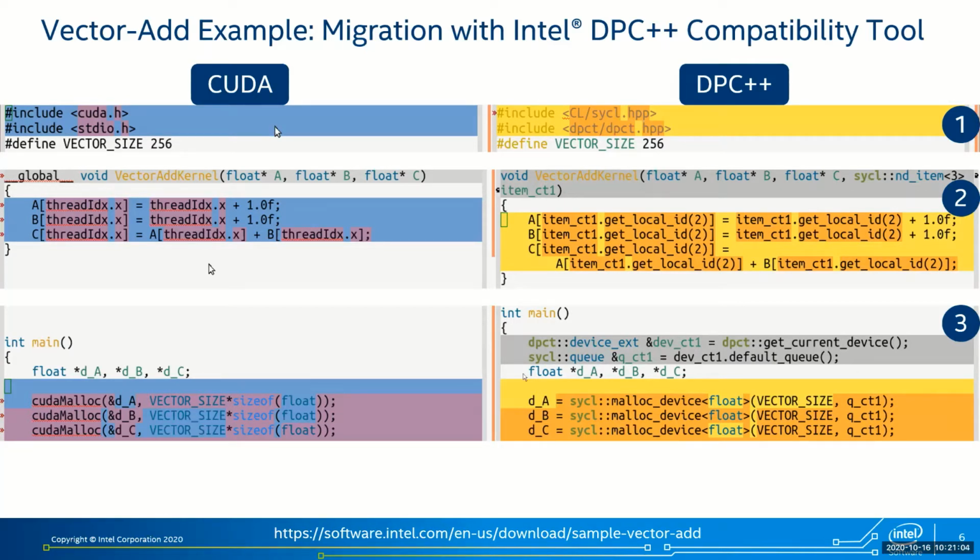We also have a queue to which we will be submitting the work to be done, basically the kernel that we want computed. The cudaMalloc on this side, which allocates memory, is migrated to malloc_device, which allocates memory on the GPU device, or whatever device is selected here.